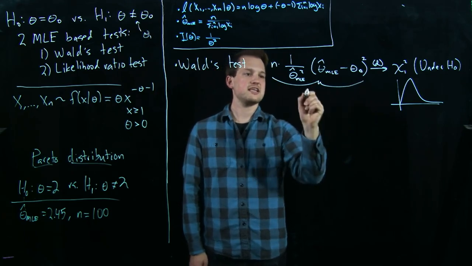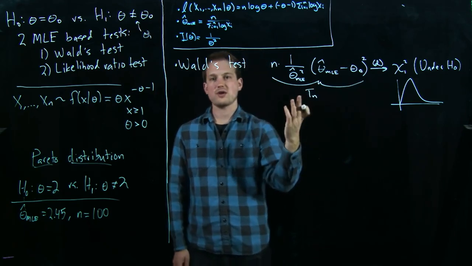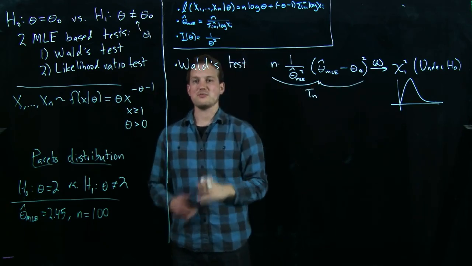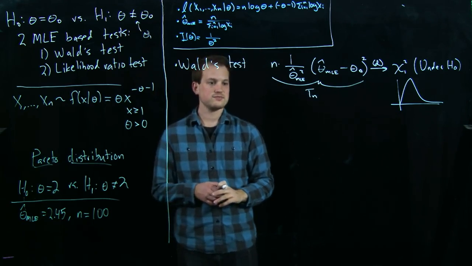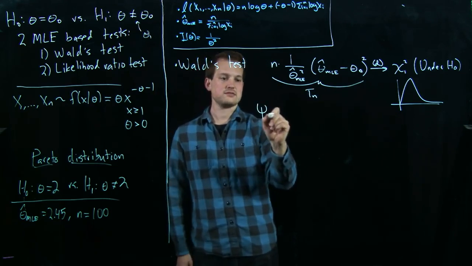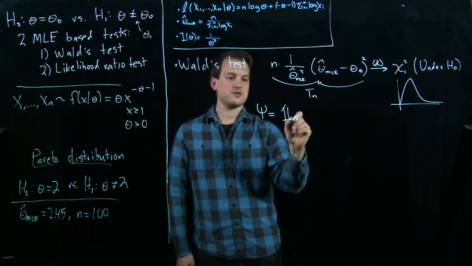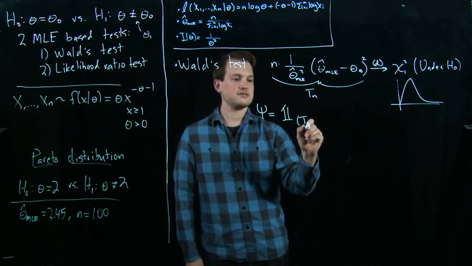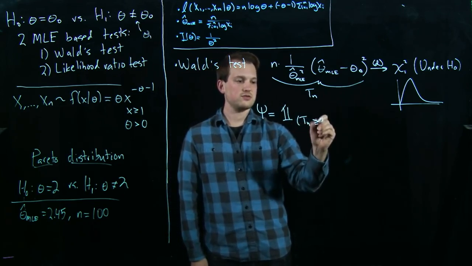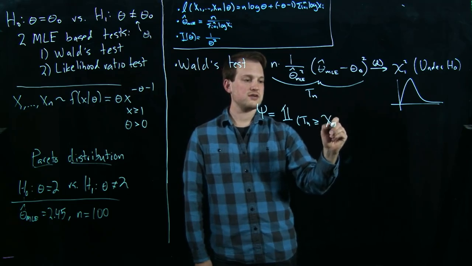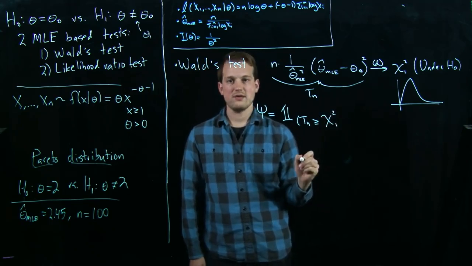So let's call this Tn, to show that we're going to calculate it from our n samples of data, x1 to xn. And our test is just going to be to reject when Tn is greater than or equal to some quantile of a chi-squared 1.